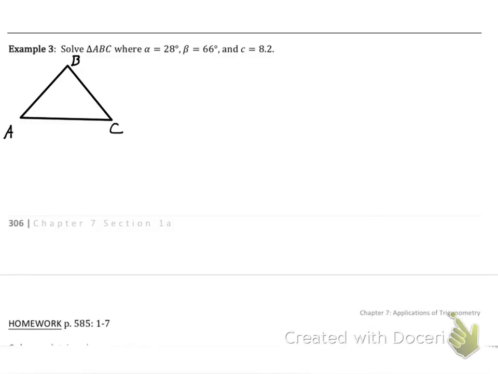I'm just going to know in my head that instead of alpha, they're just asking for the angle of A. Alpha goes with A, so I'm going to write A is 28 degrees. Beta goes with B. It makes sense. Beta, B. So that one's 66 degrees.